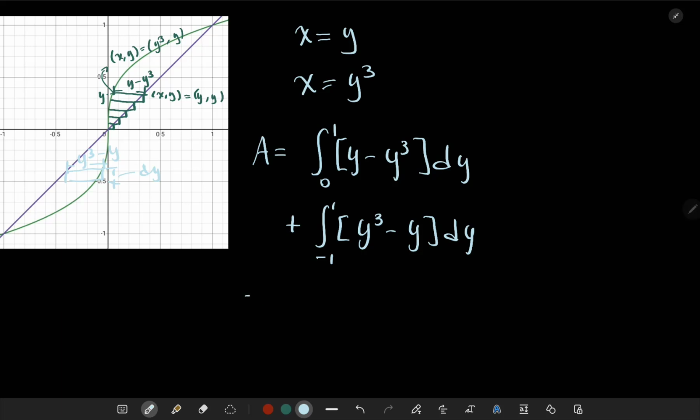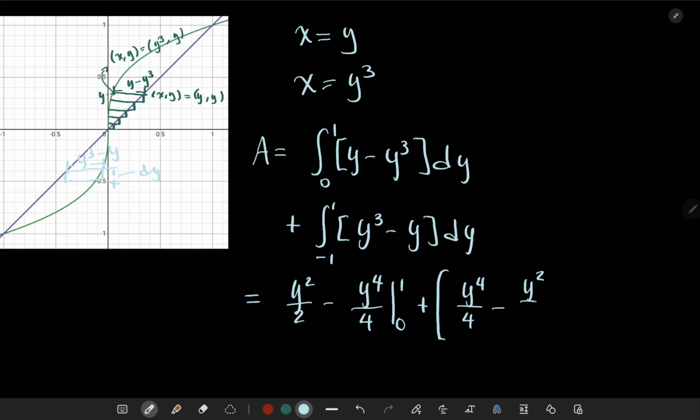So the integral here will be y squared over 2 minus y to the 4th over 4 from 0 to 1. Plus y to the 4th over 4 minus, in parentheses, y squared over 2.